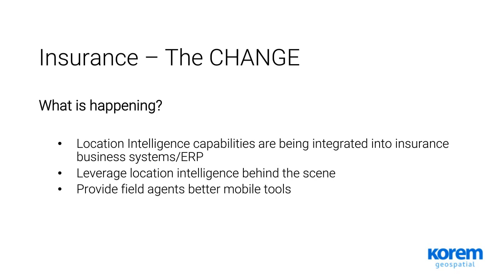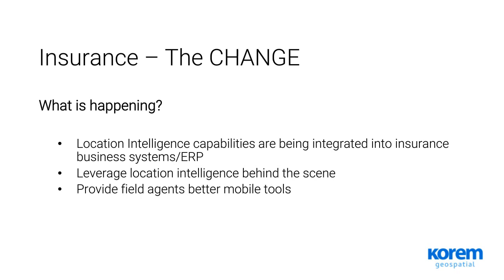Ultimately, provide better tools for your field agents. Again, few teams were using mobile devices. That was 40% of them. You want to provide better tools for your employees in order to increase customer satisfaction. If somebody called in for a claim, you want to provide the best route for your employee to go and visit that customer.